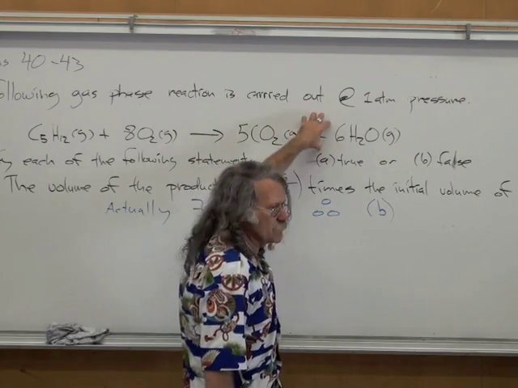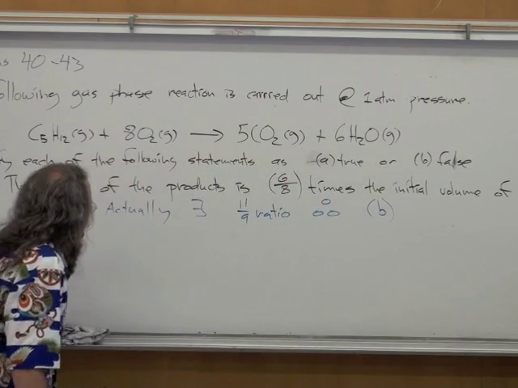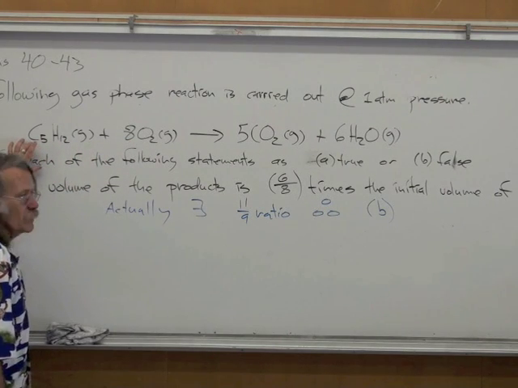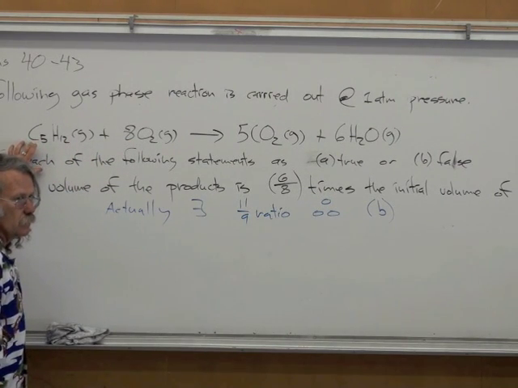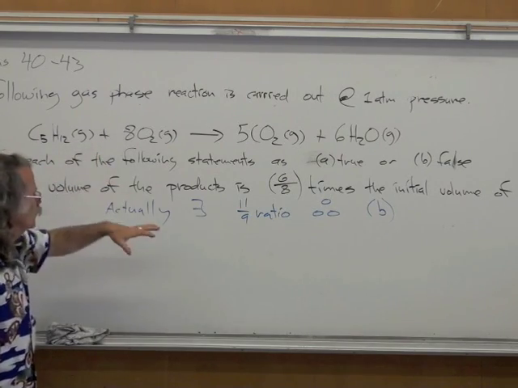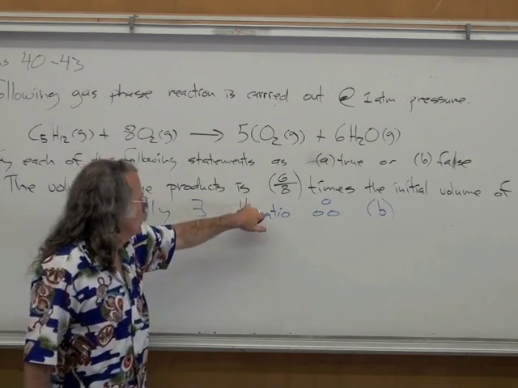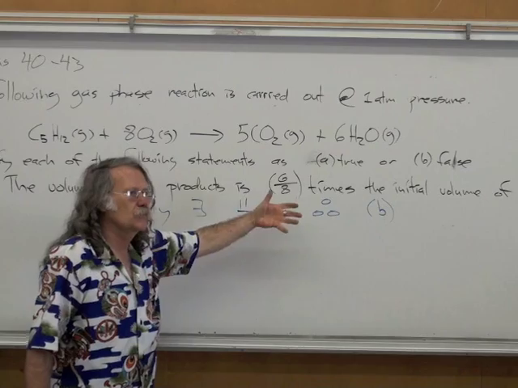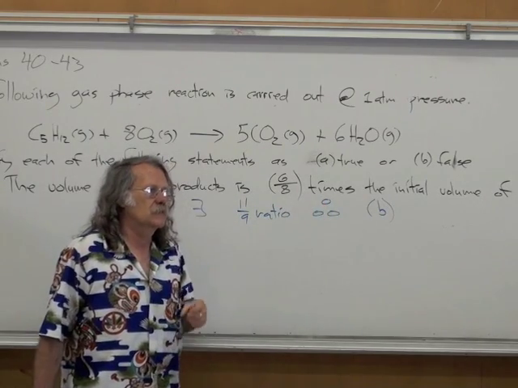There's 11 volumes of products for every 8 volumes of oxygen and 1 volume of pentane. So 8 and 1 is 9. So it's 11 volumes of product gas for 9 volumes of reactant gas.